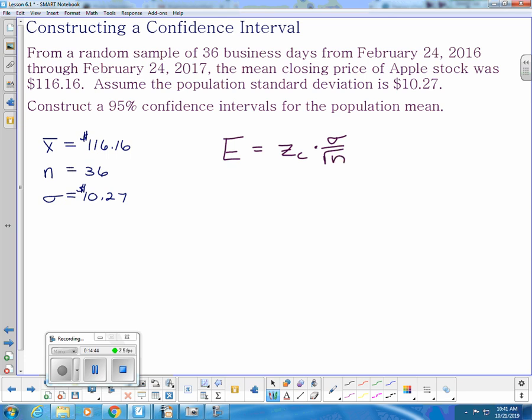What is our z sub c? 1.96, because it's 95%, yes? Standard deviation is 10.27 divided by the square root of n. We just wrote that as 6. So what do we get there? Use your calculators.